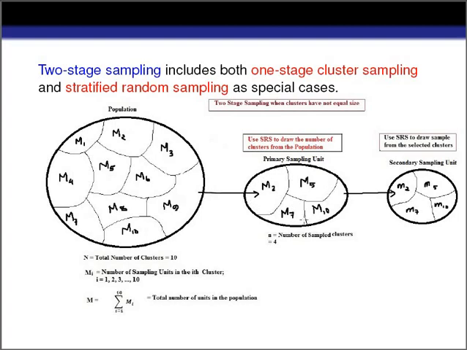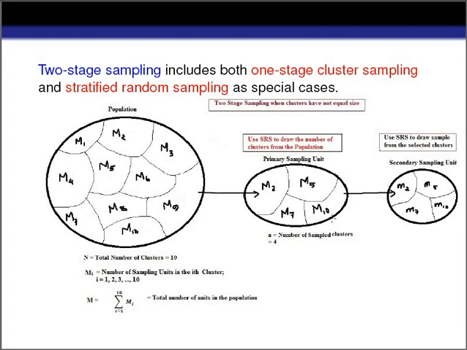This will be known as our primary sampling unit or first stage unit, and this will be known as our secondary sampling unit or second stage unit. I have just written small m2, small m5, small m7 and m10 because in our example clusters 2, 5, 7 and 10 are selected.